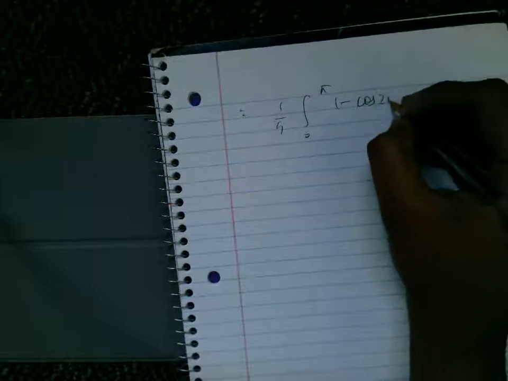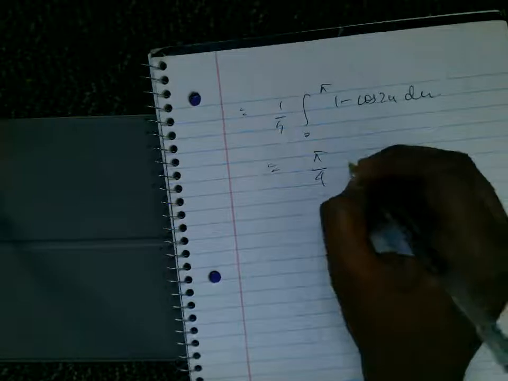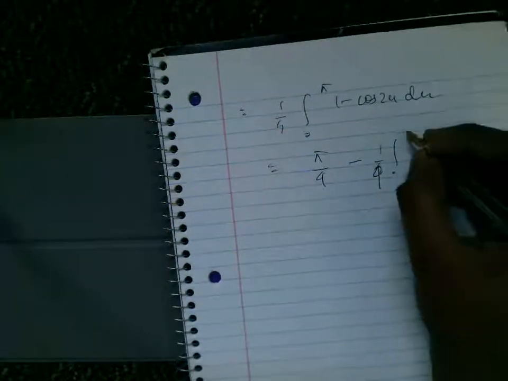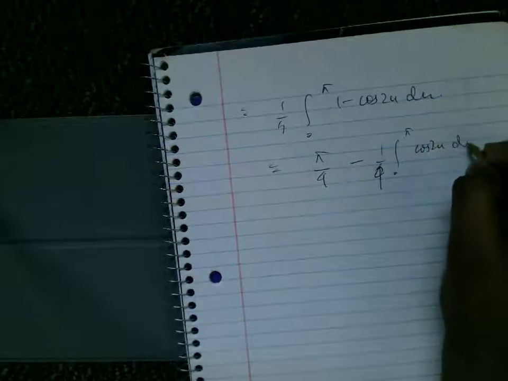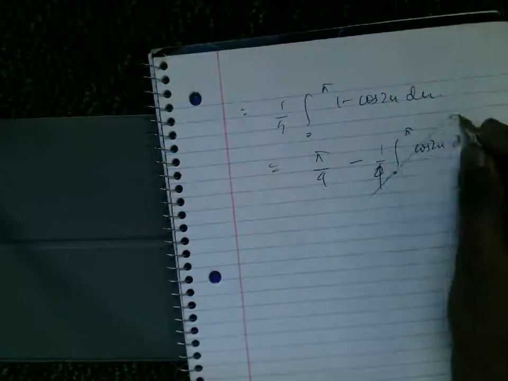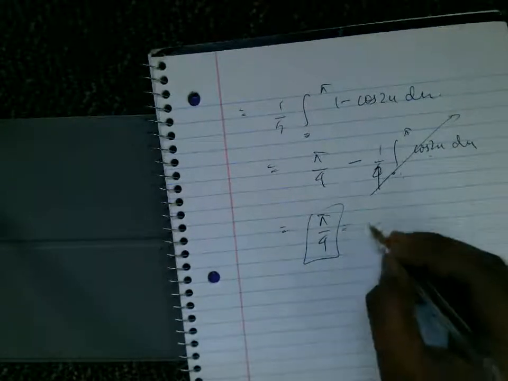So this is 1 by 4 integral from 0 to pi of 1 minus cos 2u du. So this can be written as pi by 4 minus the integral from 0 to pi of cos 2u du, and this integration is sine 2u by 2, and when you substitute these values it just cancels out. So this is the final answer, the area bound by one petal.